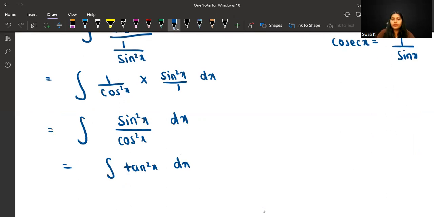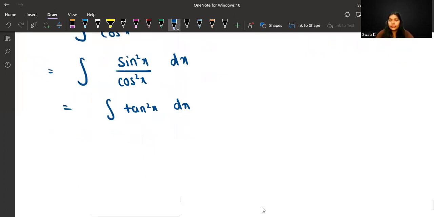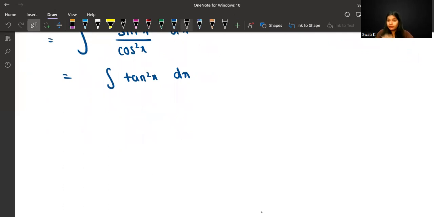But there is one thing. We do not have any formula for integration of tan square x dx, but we have a formula for sec square x. We know that sec square x minus tan square x is 1, so sec square x minus 1 will be tan square x.